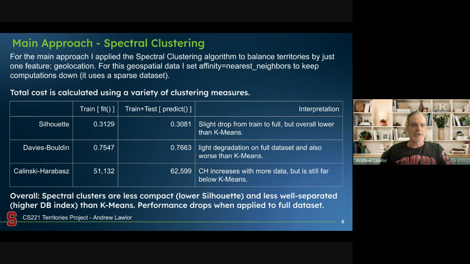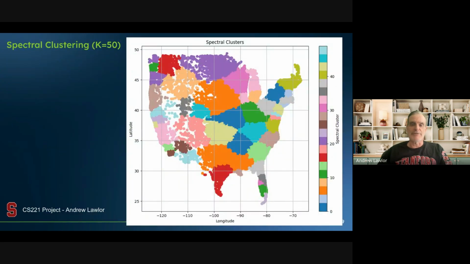And we see here again with the different cost measures that these spectral clusters are less compact and less well separated, but that's to be expected because they're finding more natural, beneficial clusters and territories.